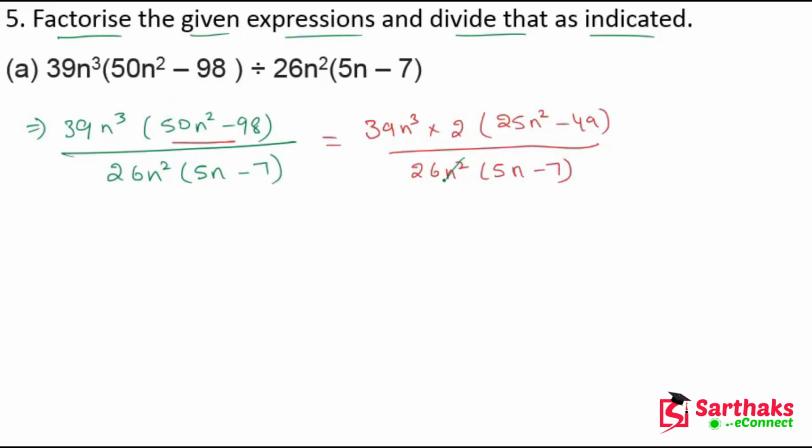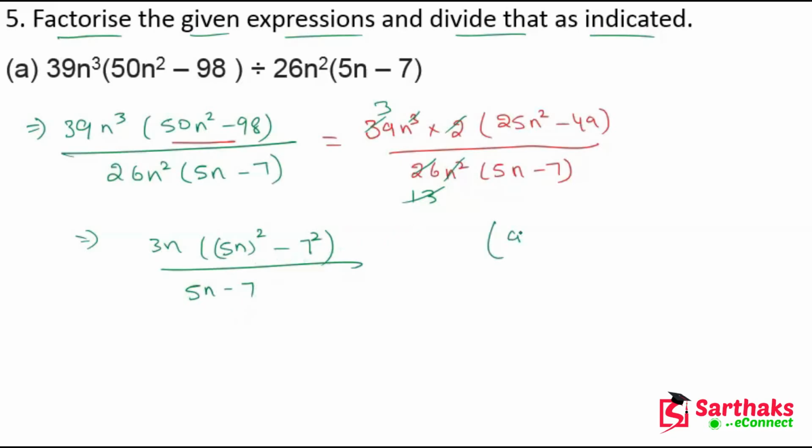Now this n square, if we divide this, we get a single n. So here we can divide this by 13 times, we can divide this by 3 times. So here we get 3n into 5n square minus 7 square, and it is divided by 5n minus 7.